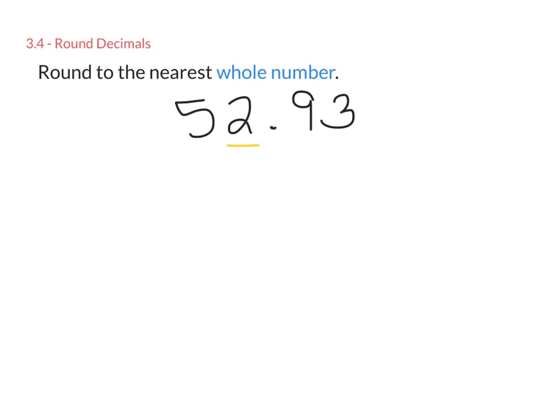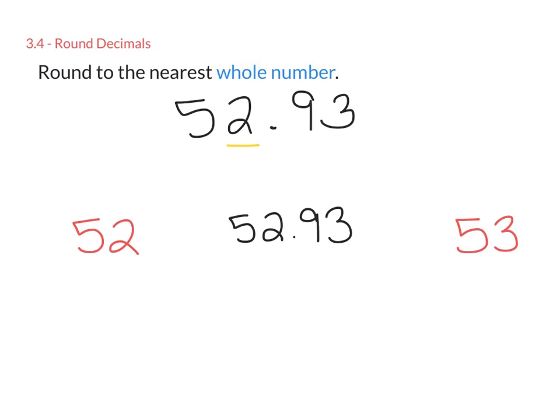So 52 and 93 hundredths is between 52 and 53. And we're trying to decide if 52 and 93 hundredths is closer to 52 or closer to 53. So we're going to look one place to the right. That 9 tells us that we're going to be rounding up. So 52 and 93 hundredths rounds up to 53. It's closer to 53 than it is to 52.